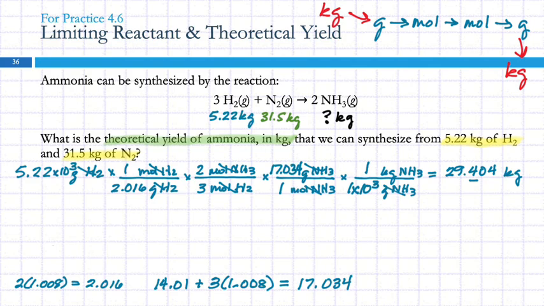Okay, let's do the other calculation. 31.5 kilograms of nitrogen. I wrote the prefix kilo in red because I'm not going to cancel it out.